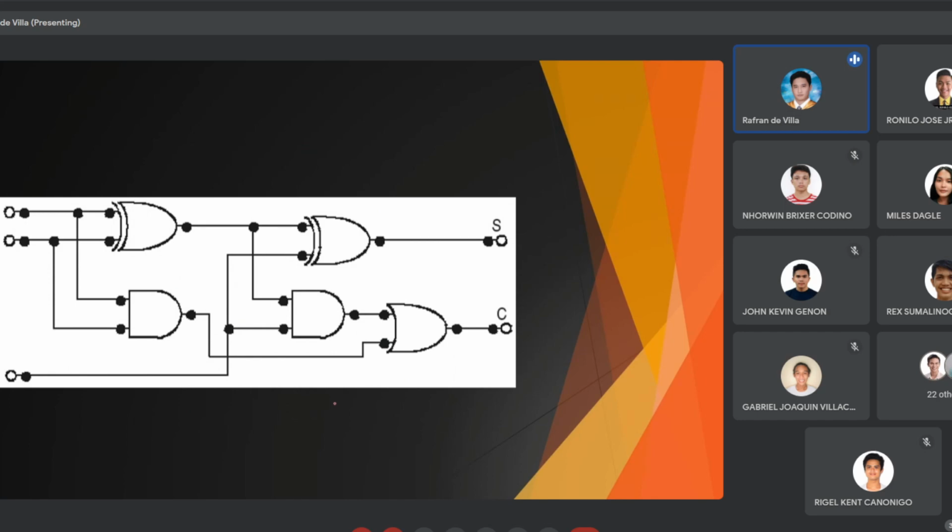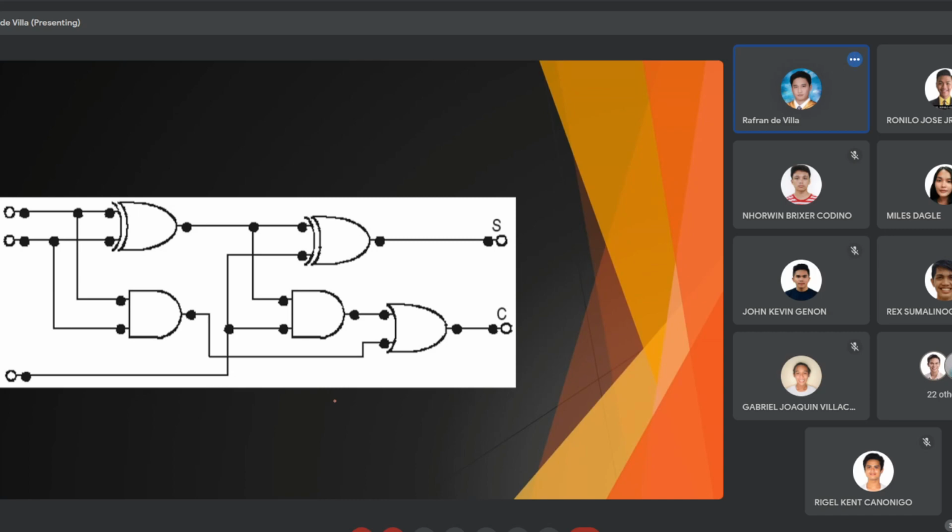Now, if you look at the design, what does this remind you of? What does this look like, the design?